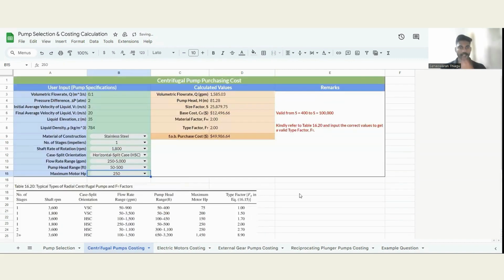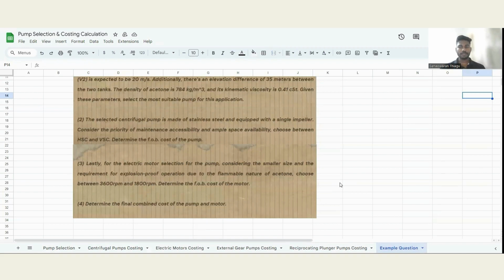So based on this, we get an estimated cost of $49,986.64 for the pump.